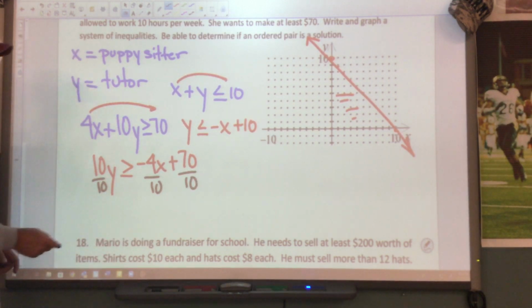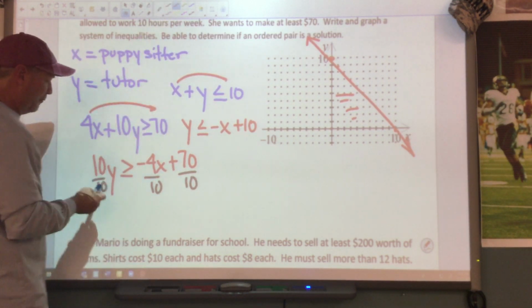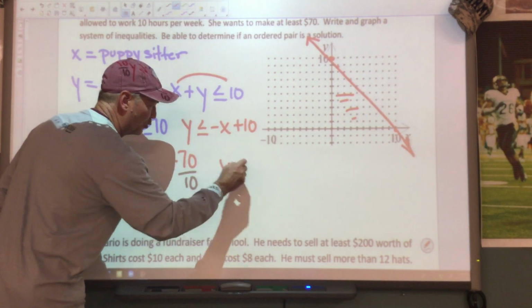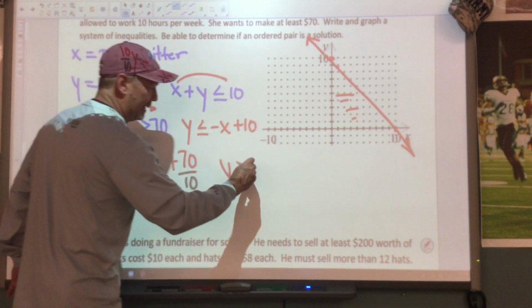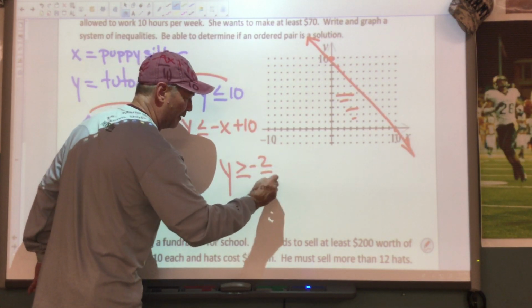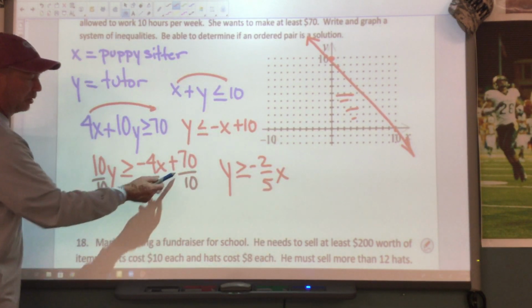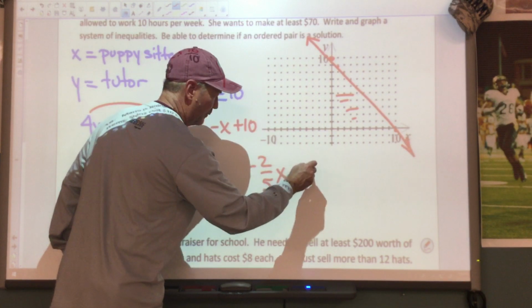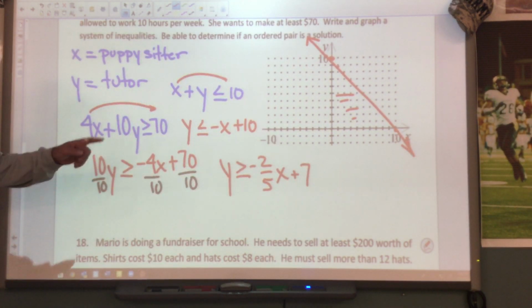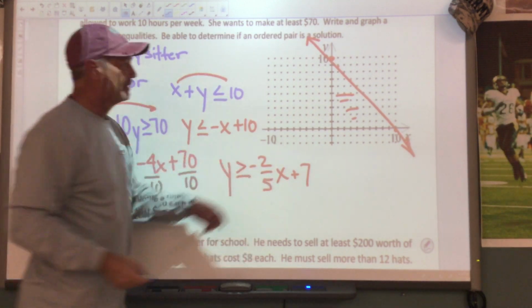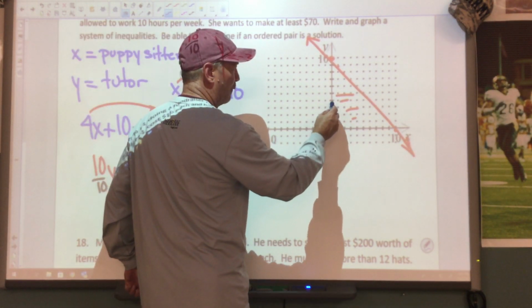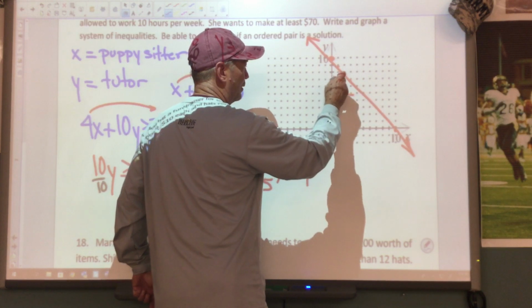And what this is going to get me is the inequality y is greater than or equal to, I can reduce this fraction to negative 2/5 x plus 7. So if I go and graph that, let's graph that in a different color. I start at 7: 1, 2, 3, 4, 5, 6, 7.